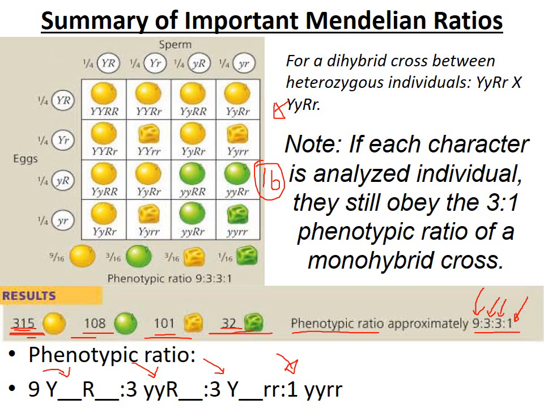This 315 is 3 times bigger than this 108. This 315 is 3 times bigger than that 101. So that's 9 to 3, 9 to 3, 9 to 1. So we always do the ratio of the first one to the other ones in there, and that's how we get that 9:3:3:1 ratio.